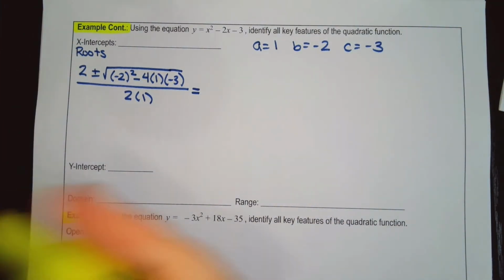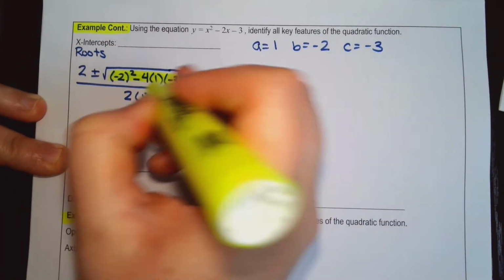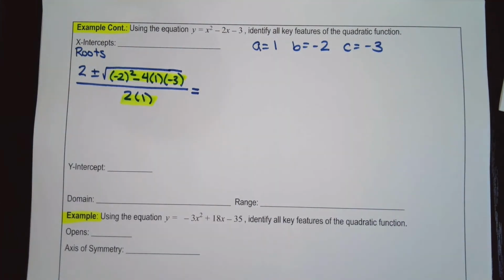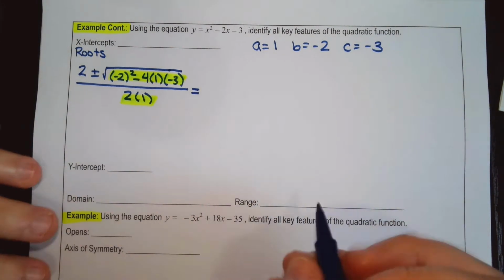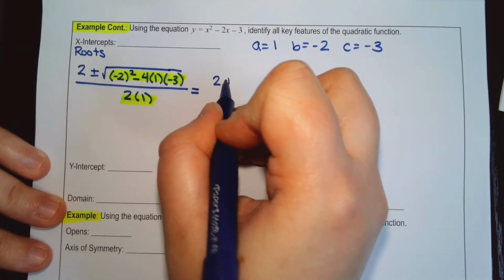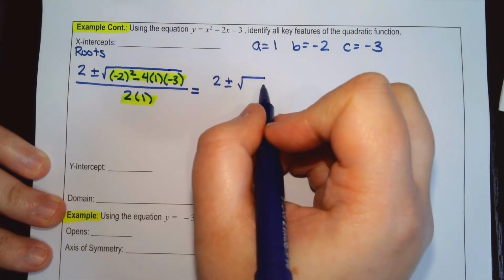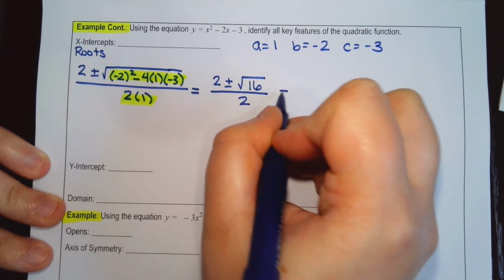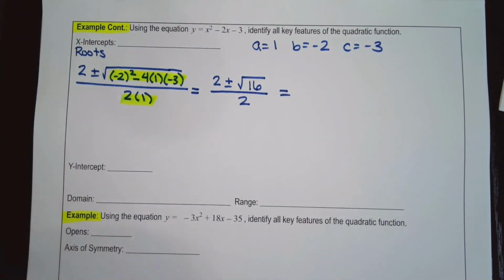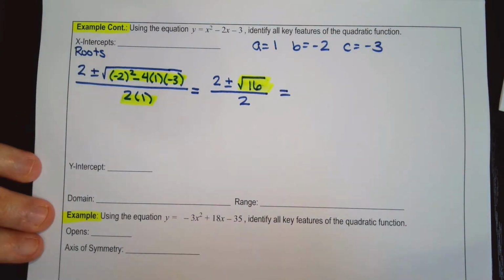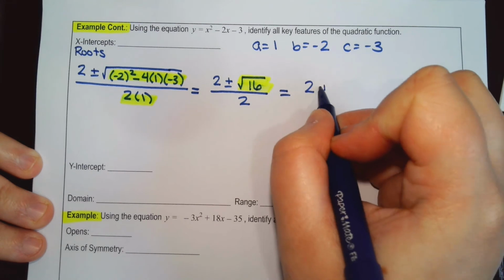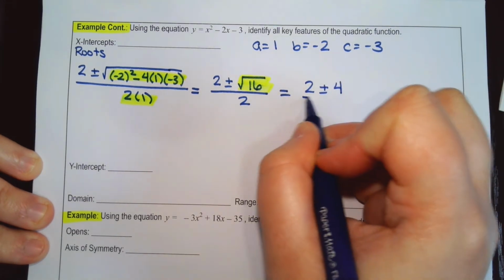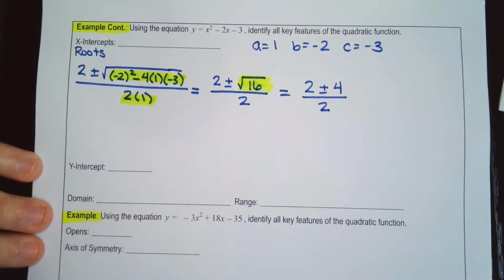We're going to simplify underneath the square root and in the bottom. So we're going to have 2 plus or minus the square root of 16 all over 2. Now we're going to simplify the square root. So we have 2 plus or minus 4 all over 2.